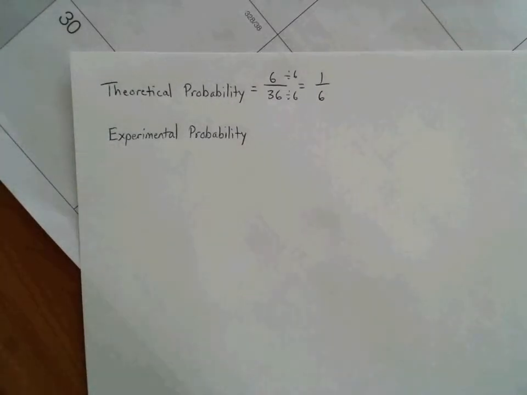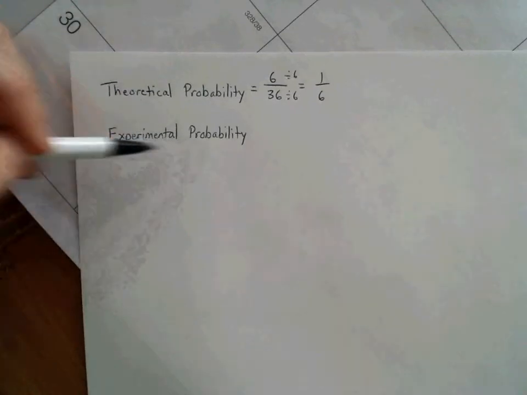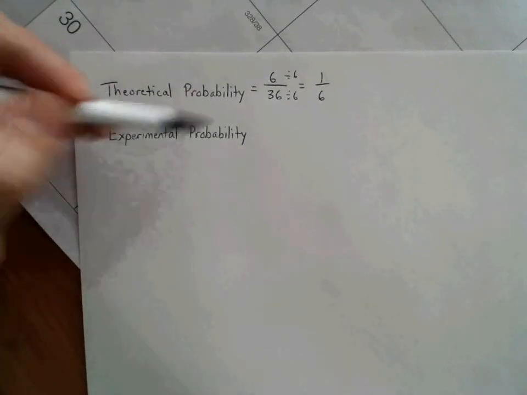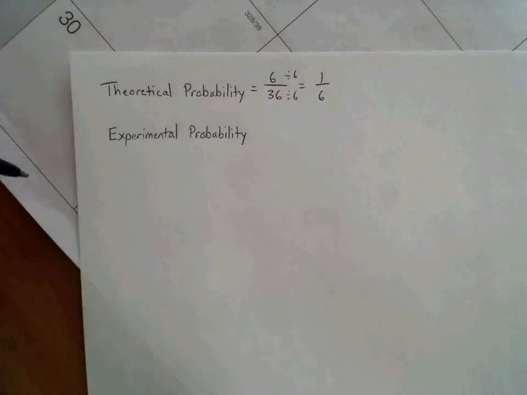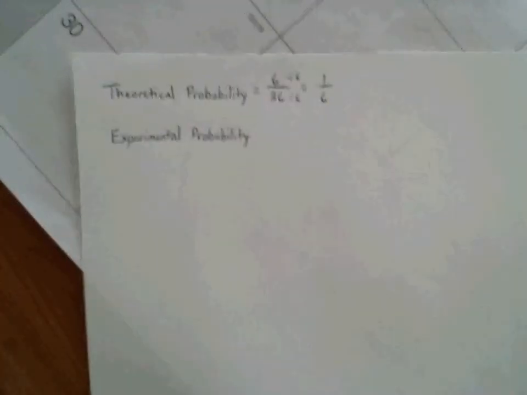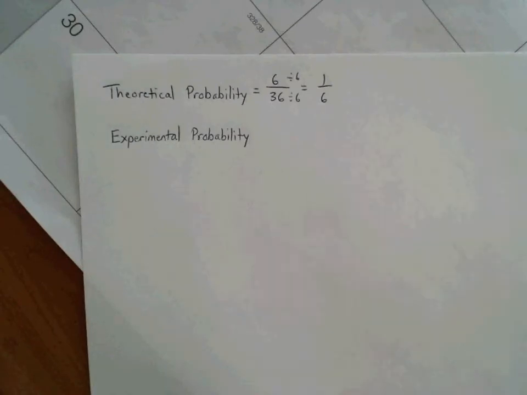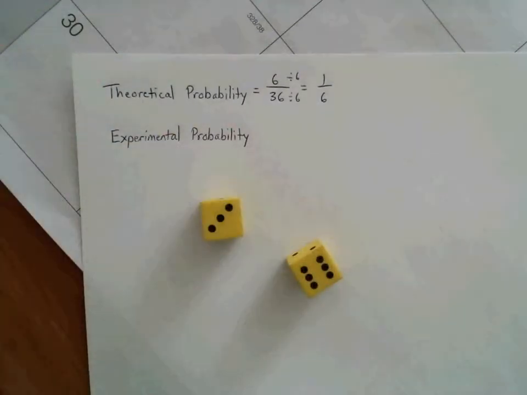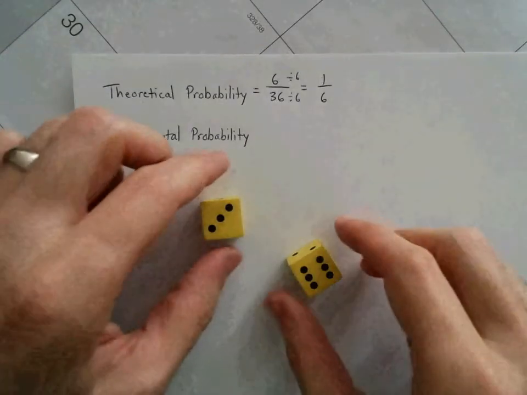So when we're rolling these dice trying to get doubles, pretty much every 1 out of 6 rolls should come up doubles. We're going to do an experiment that shows us the experimental probability of rolling doubles. So let's take these dice and we'll do it 10 times. I'm going to roll, hopefully in the screen here. We got a 6 and a 3.